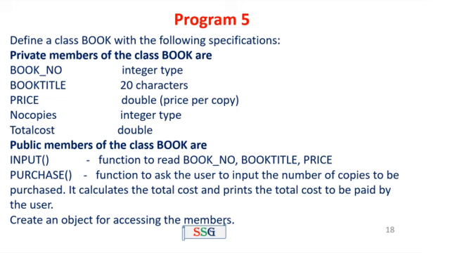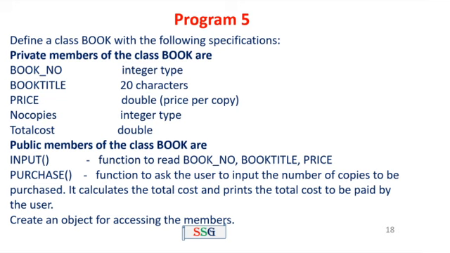Okay. So public methods of the class Book. The first method is input function, to read book number, book title and price. That means this function gets the input for the variables book number, book title and price from the user. The next one, purchase function.